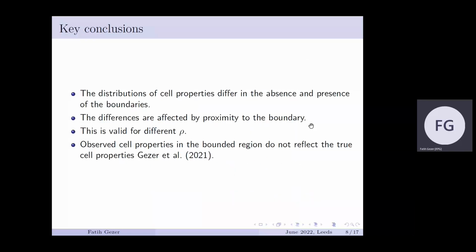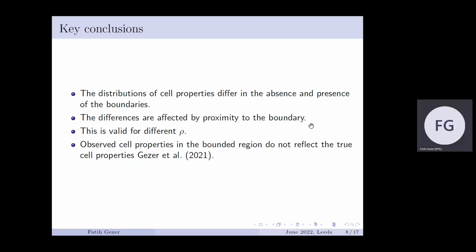So the conclusion from this study is that the distribution of the cell properties is different in the absence and presence of the boundaries. And these differences change in proximity to the boundary, and it is valid for different point intensities as well, where we checked very different intensities, lower than 200 and higher than 200.